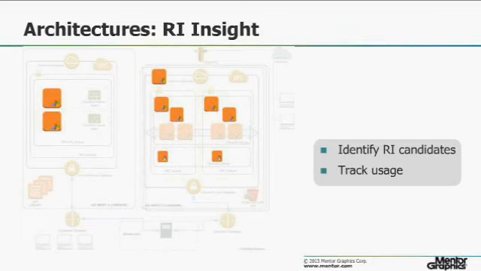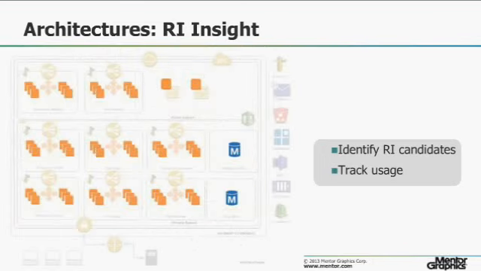So then as your architecture grows, you start spinning this out, you get more different types of capabilities. You have search, you have databases involved, you've got web server stacks, you've got application tiers, you've got test instances. And so you start trying again to get insight into which things I can pull the trigger on RIs.